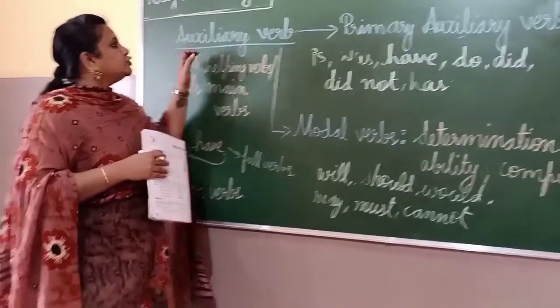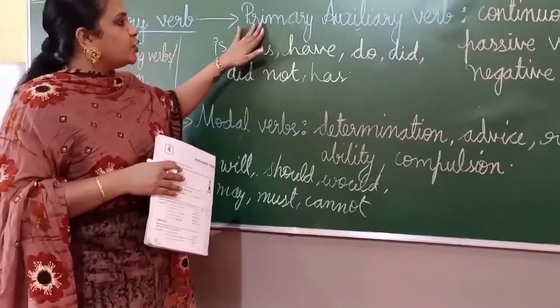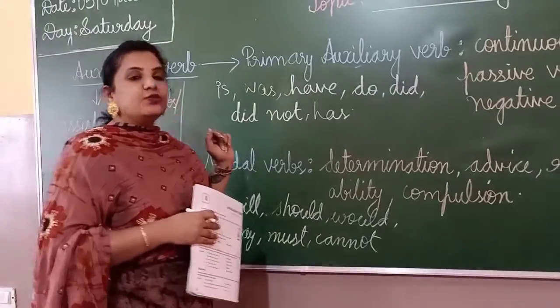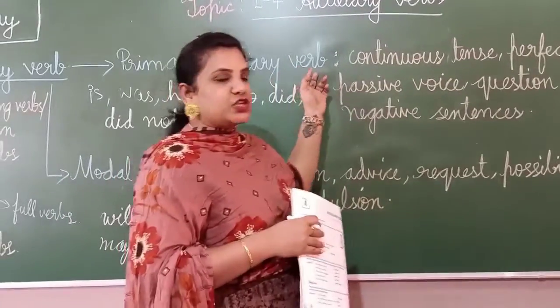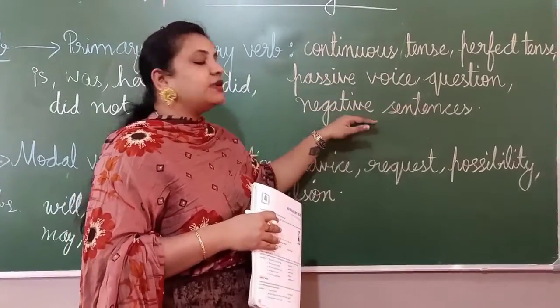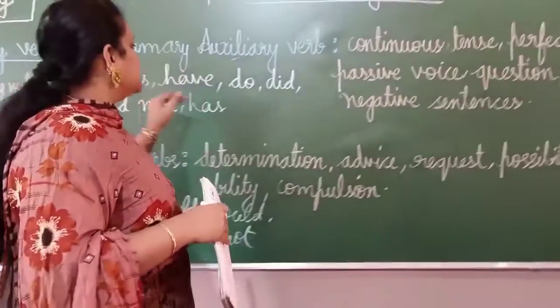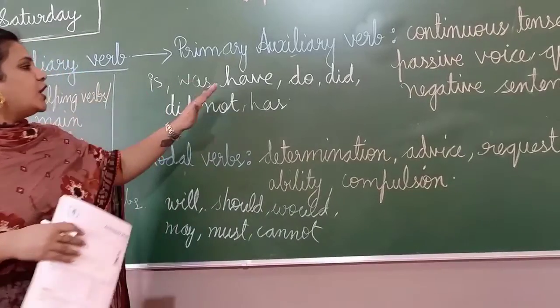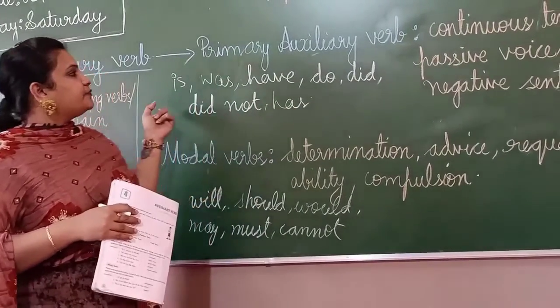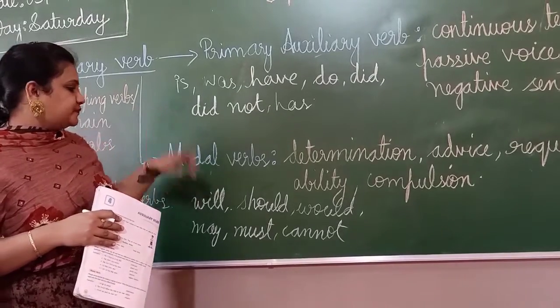Now, two types of auxiliary verbs: primary auxiliary verbs and modal verbs. Primary auxiliary verbs are the verbs which we use in sentences such as continuous tense, perfect tense, passive voice, question and negative sentences. Those verbs are is, was, have, do, did, not, has. These are some of the primary auxiliary verbs.